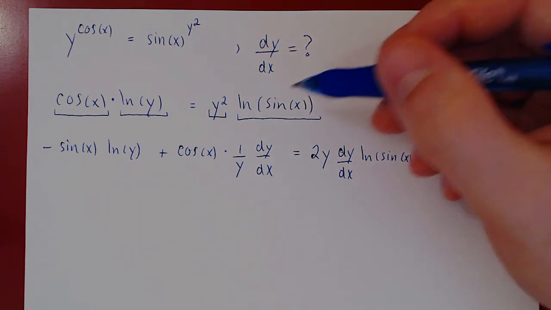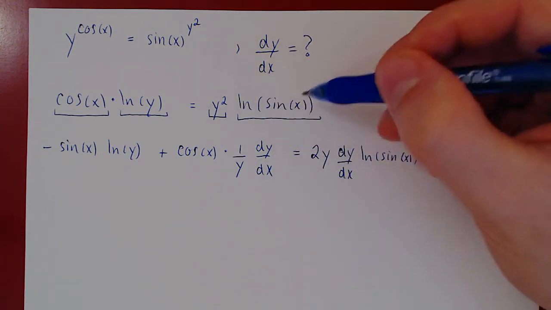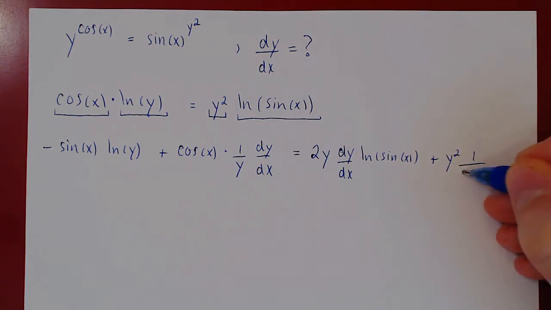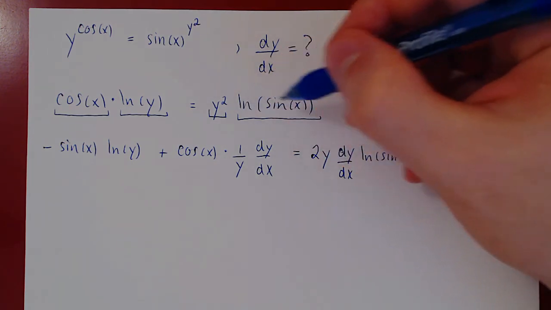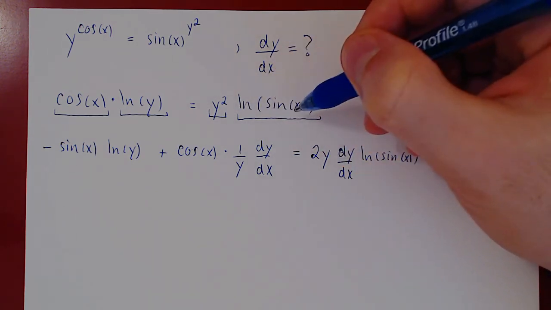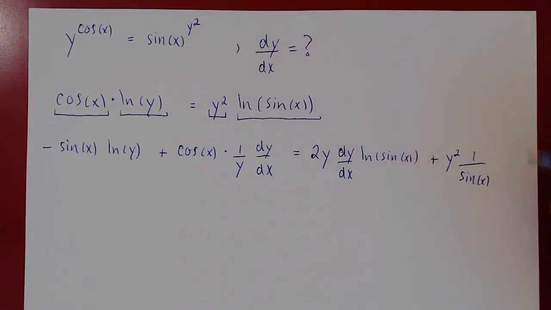So we use the chain rule here. The derivative of ln is 1 over what's inside, so 1 over sine of x. Chain rule, that is just the derivative of ln times the derivative of what's left over, which is sine of x. The derivative of sine is cosine of x.